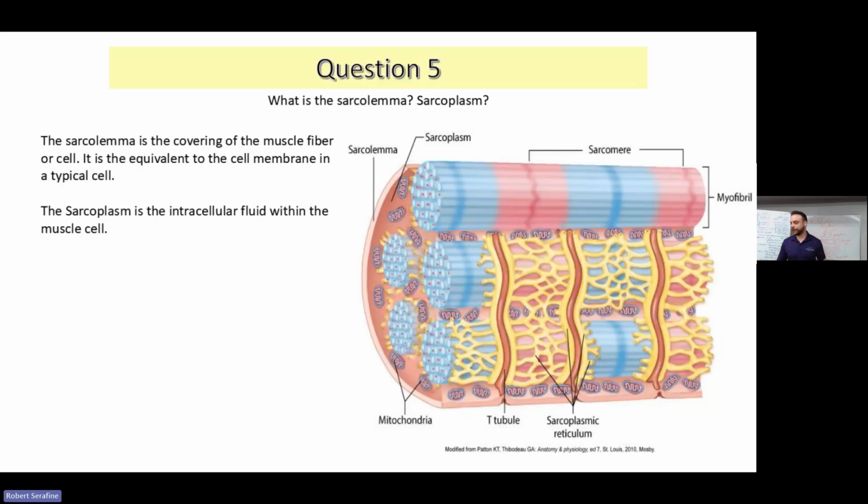So sarco means flesh, and we're going to interchange those words a little bit. Sarcolemma is just the cell membrane, the covering of the cell. Sarcoplasm is the intercellular fluid within the cell. The slide says intra, but it should be intercellular, so we need to fix that typo.